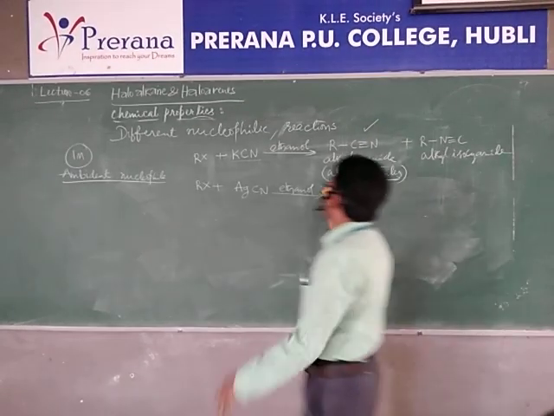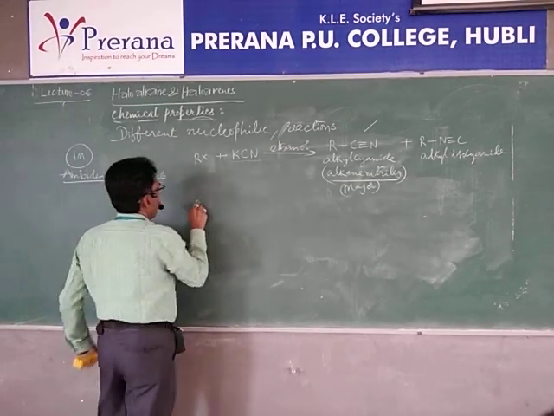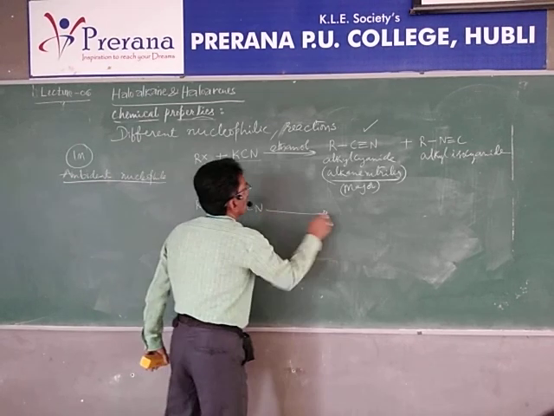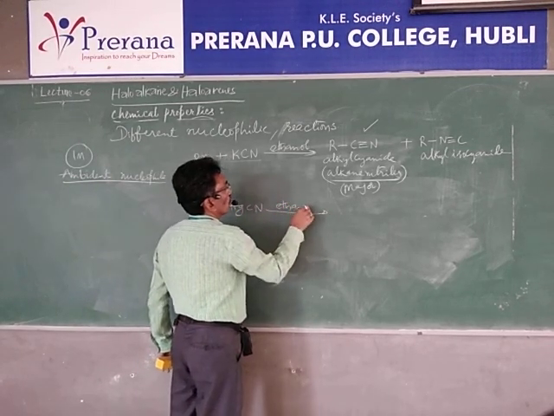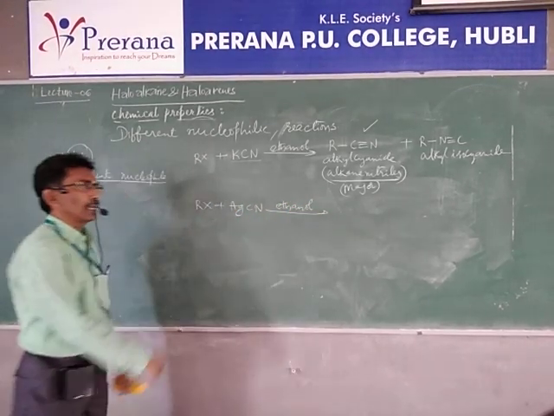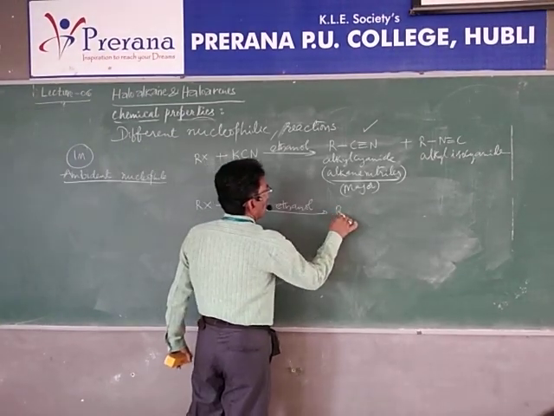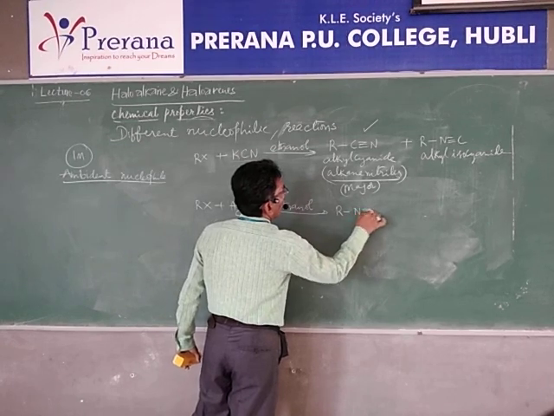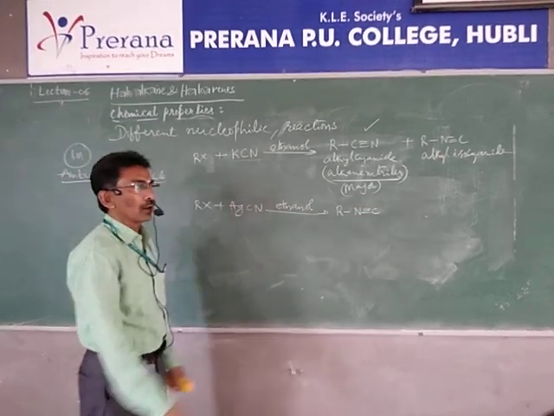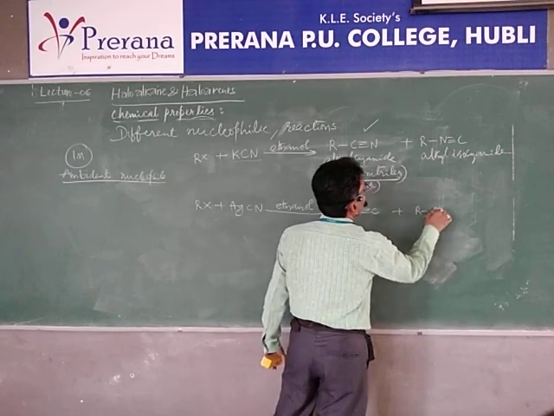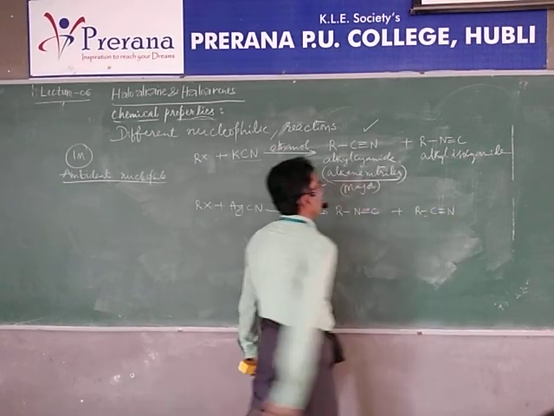And here, in this case, alkyl halide with silver cyanide dissolved in ethanol, alcoholic silver cyanide. What happened? RNC is formed in larger quantity and RCN formed in smaller quantities.